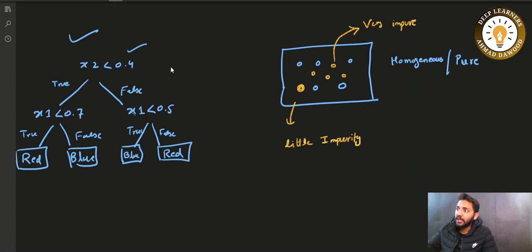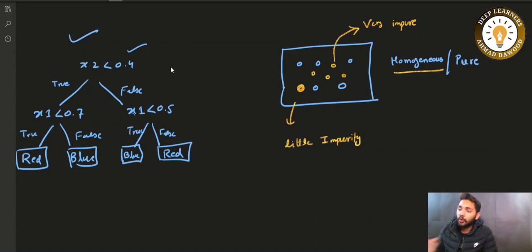So a homogeneous or pure set of points contains similar type of points. When we have points belonging to some other color or class, then our set is not fully pure. Now our set is impure.